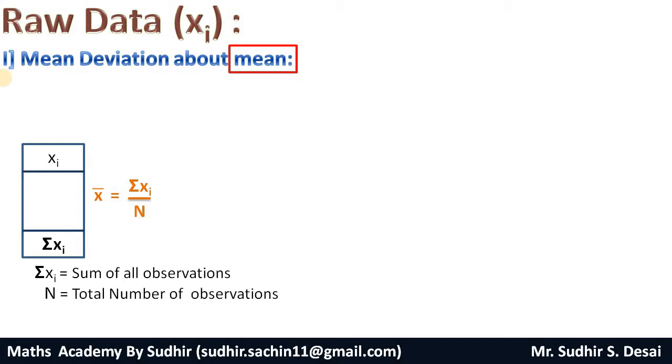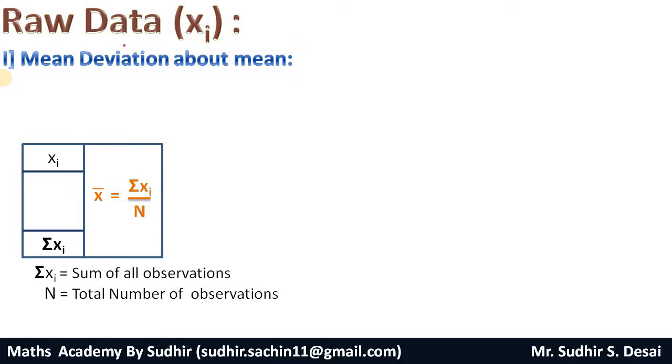Remember this for writing any formula of statistics: in the numerator we write the summation of the last column, and in the denominator the number of observations or summation of frequency. So we have got the mean.